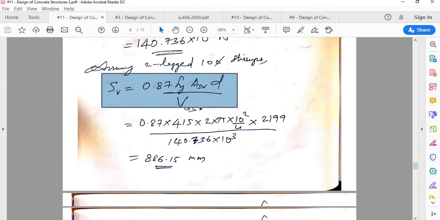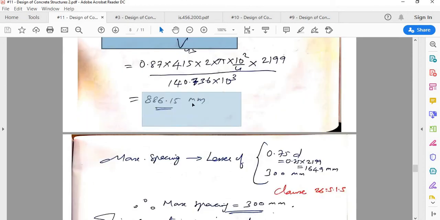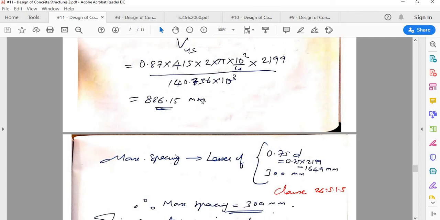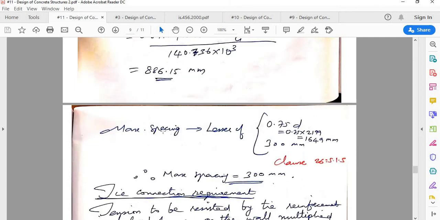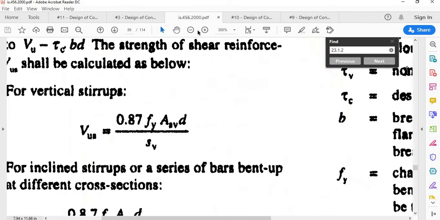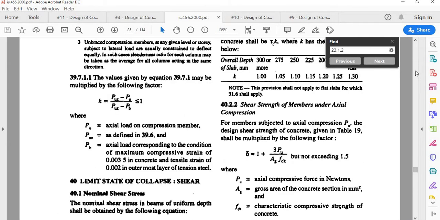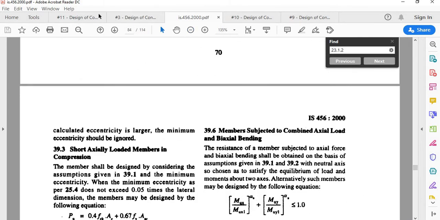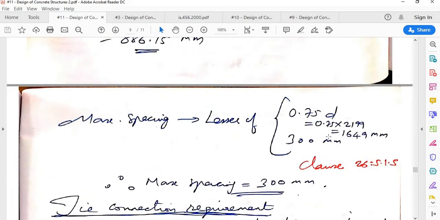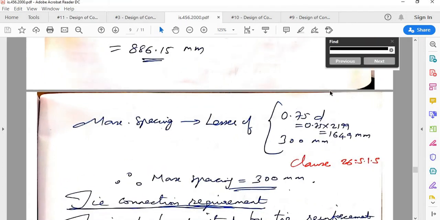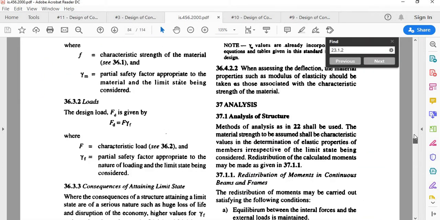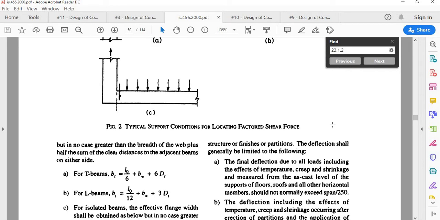The spacing comes out to be 886 mm, which is very large, which means we have to check against the clause for maximum spacing, which is 26.5.1.5. I have written it here so that you can reference this. Let us go to that.